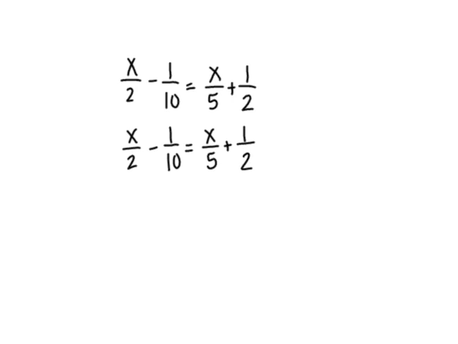My denominators here are 2 and 10 and 5. That means my common denominator for this one would actually be a 10. So I'm going to take that common denominator of 10 and multiply it through by every top. So put a 10 in the first one, a 10 in the second one, a 10 in the third one, and a 10 in the last one.